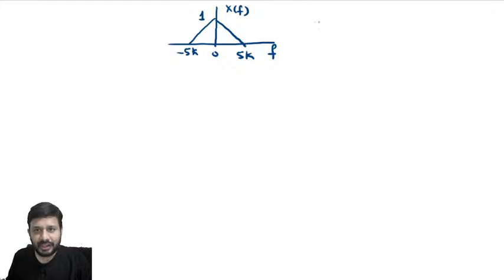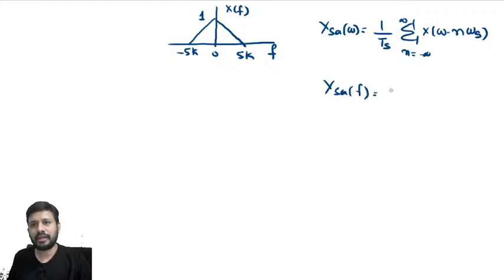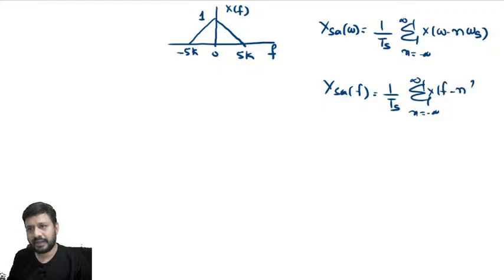So X sampled of omega is 1 by Ts summation n varying from -infinity to infinity, X of omega minus n omega s, the periodical repetition. X sampled of f, if you are going in the f domain, is 1 by Ts summation X of f minus n fs.